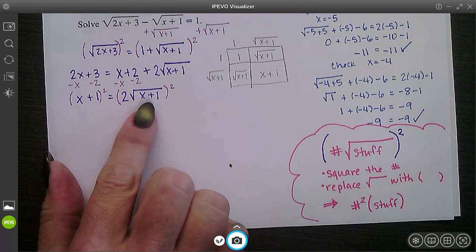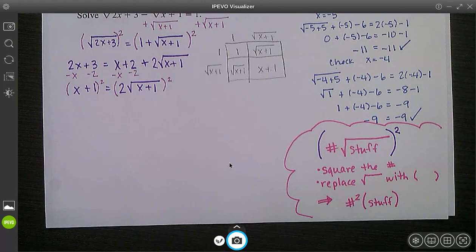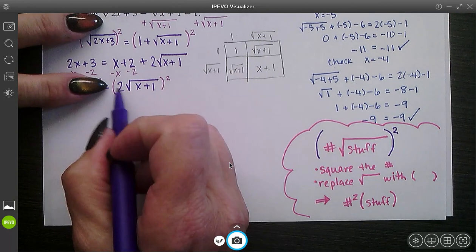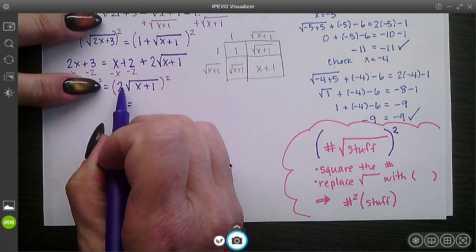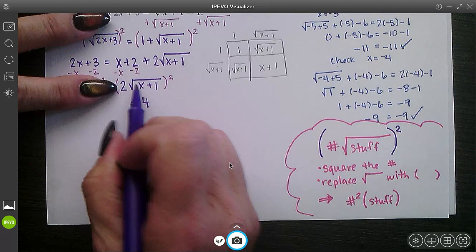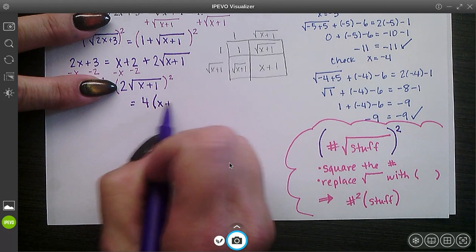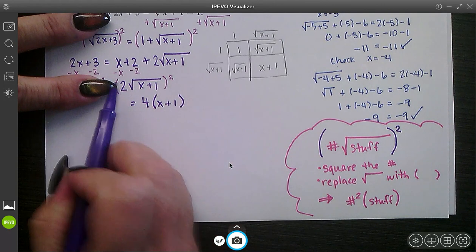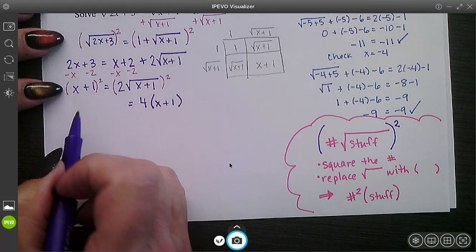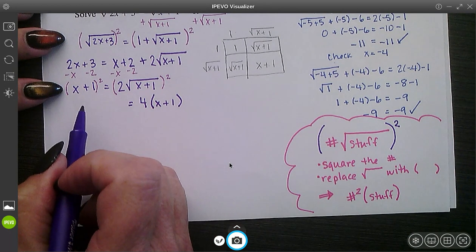So back to this. Now the right side is the easy side because I'm going to get to that one in a second. When I square the right side, all I have to do is square the number, which makes it a 4, take off the radical and replace it with parentheses. So 4 parenthesis x plus 1. Now the left side, I have to do x plus 1 times x plus 1.